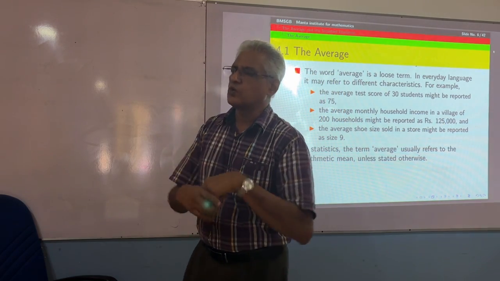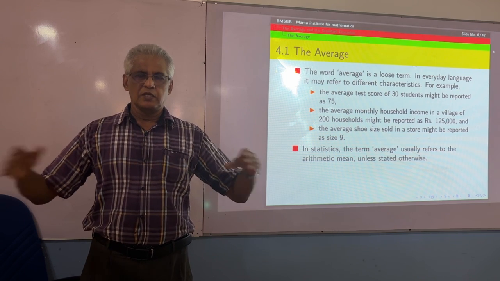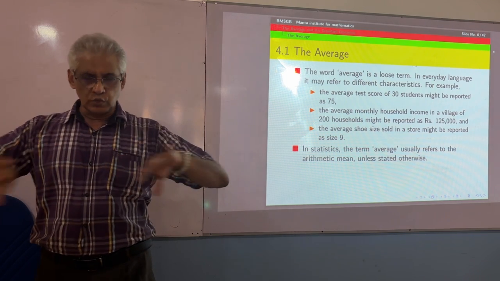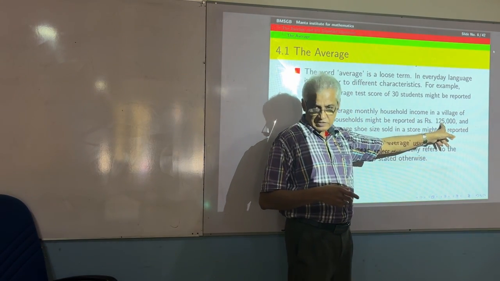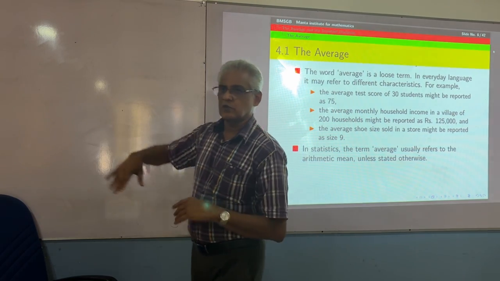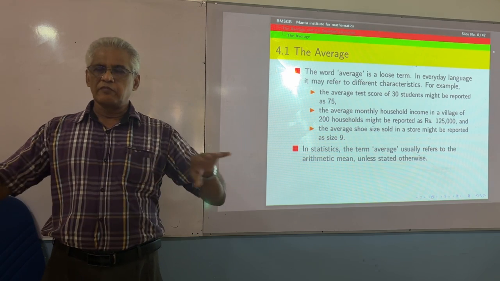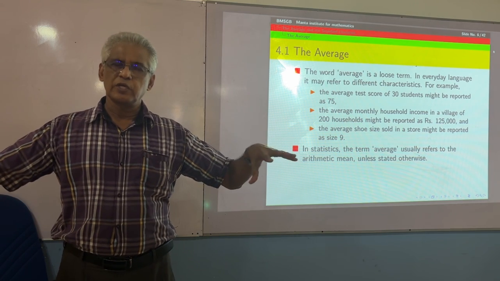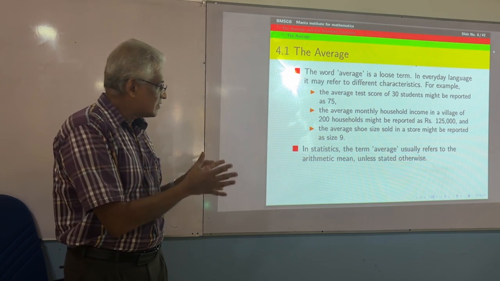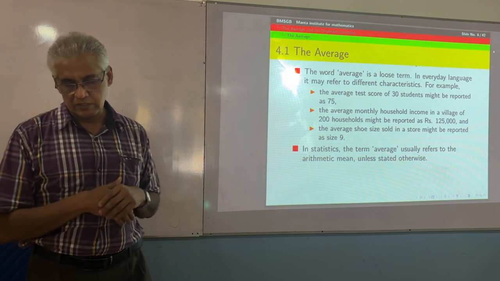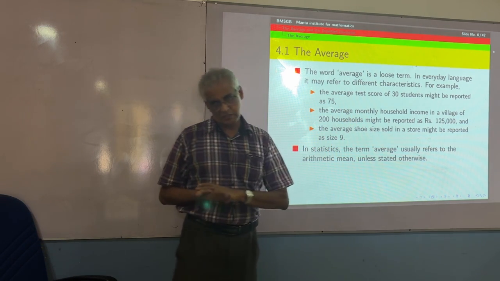You probably already know the median is the point where we divide the whole population into two equal parts, where 50% of the people will have income less than this number, and 50% of the people will have income more than that number. Two equal parts means 50% will be less than that number, the other 50% will be larger than that number. So probably this average means the median in this case.